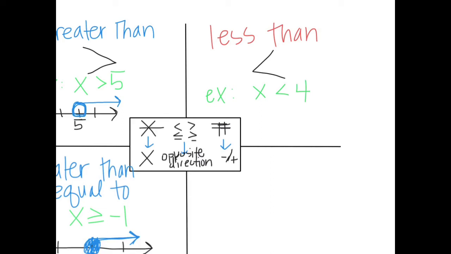So on my number line, just like my greater than, when I say x is less than 4, I am not including 4 in that. It doesn't say less than 4 or equal to 4. It only says less than 4. So I leave my open circle when I have this type of symbol, and I make my arrow matching the direction of this arrow going to the left.